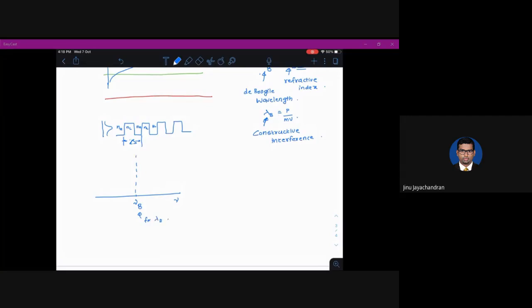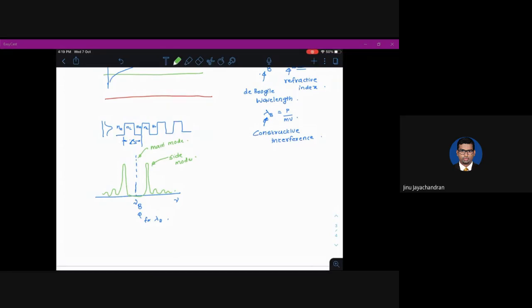Ideally you should be getting only this one, but you will get extra peaks, and these are called the side modes. This should be the main mode. Remember, all these are single frequency, single mode lasers where you will get only one frequency. You are not expecting to get more than one frequency.